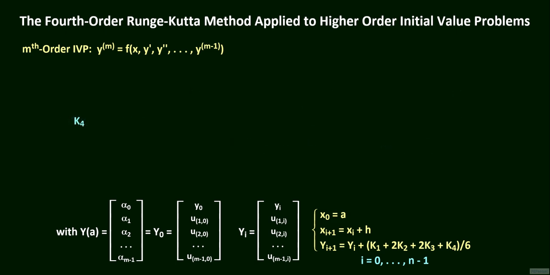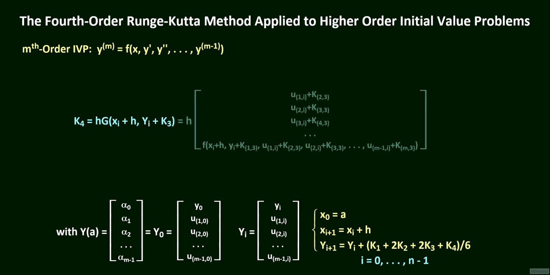K sub 4 equals h times g applied to x sub I plus h, and to y sub I plus k sub 3. K sub 4 looks like this. We set k sub 4 equal to the vector k sub 1 4, k sub 2 4, etc., all the way down to k sub m 4.